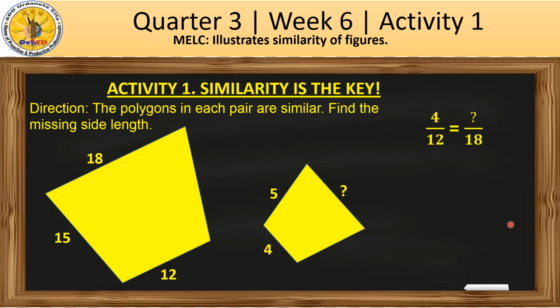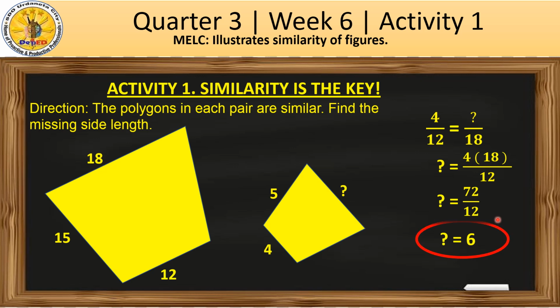Now, simplify the proportion by applying cross multiplication. I will have the missing length is equal to 4 times 18 over 12. And if you simplify that further, you will have 72 over 12, which is equal to 6. Therefore, the length of the missing side would be 6 units.